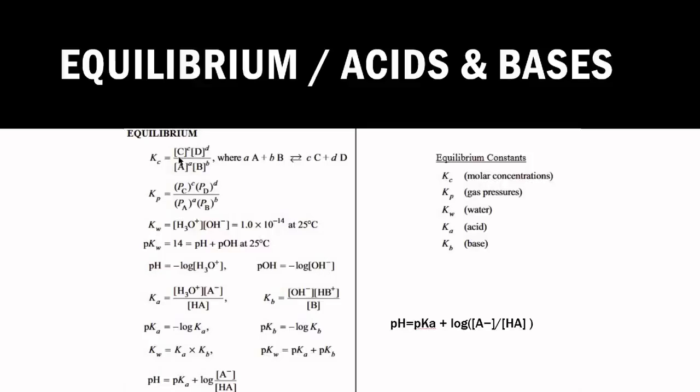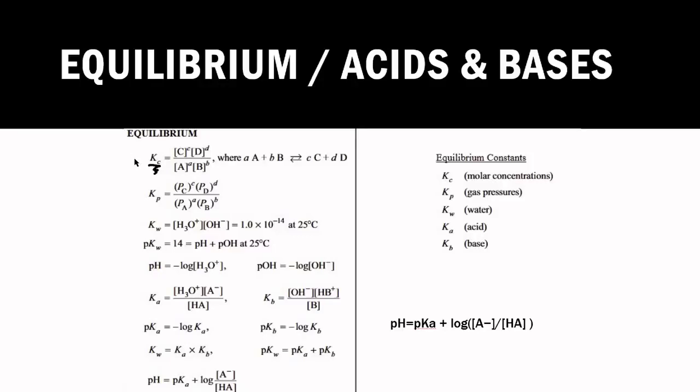This is the product of the products to the power of their respective coefficients, divided by the product of the reactants to the power of their respective coefficients. And this is used to find the molar concentration ratio of products to reactants at equilibrium.